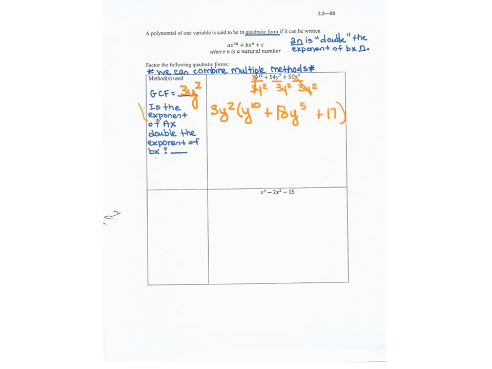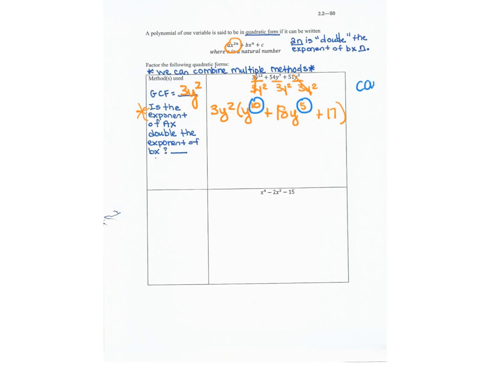And then this little note right here says is the exponent of a to the x, which would be my first term, double the exponent of b to the x. So, let's change colors, is the exponent 10 double of 5?